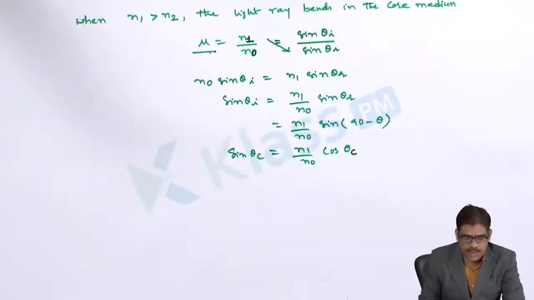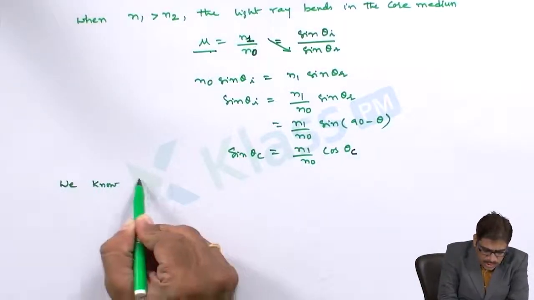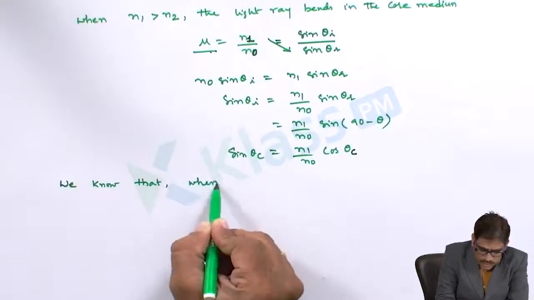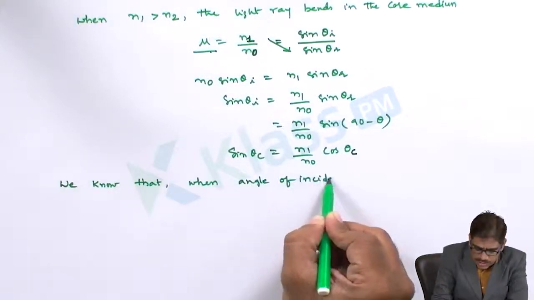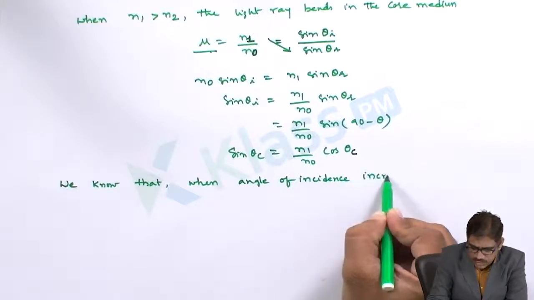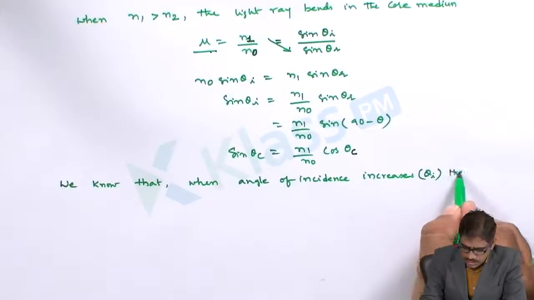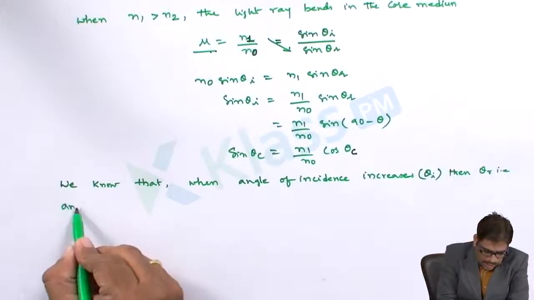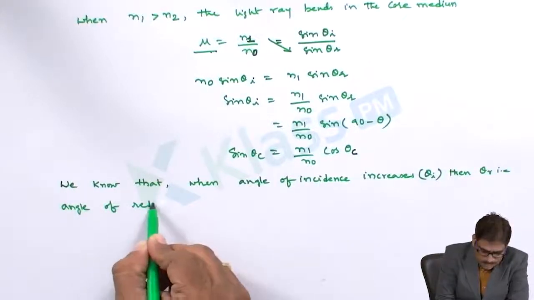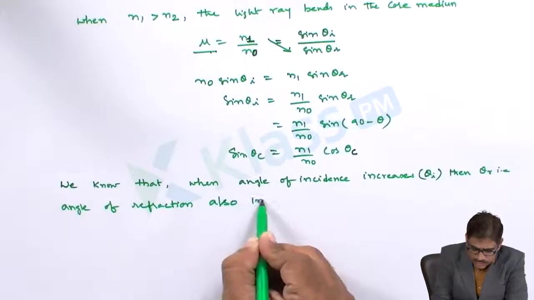So why does this happen? We know that when the angle of incidence increases, that is theta I increases, then theta r, that is the angle of refraction, also increases.